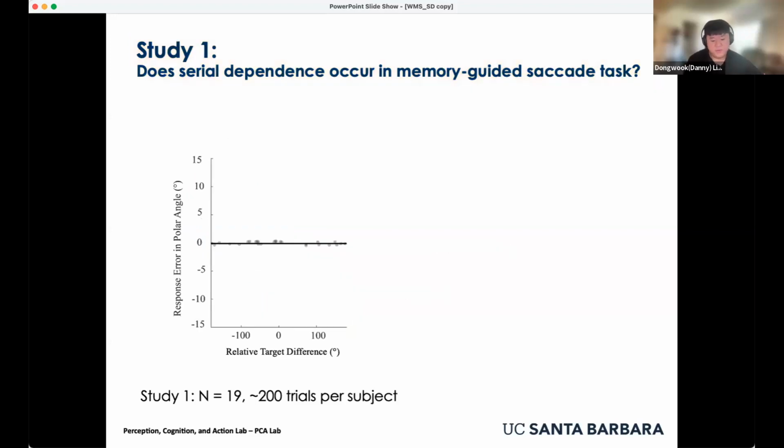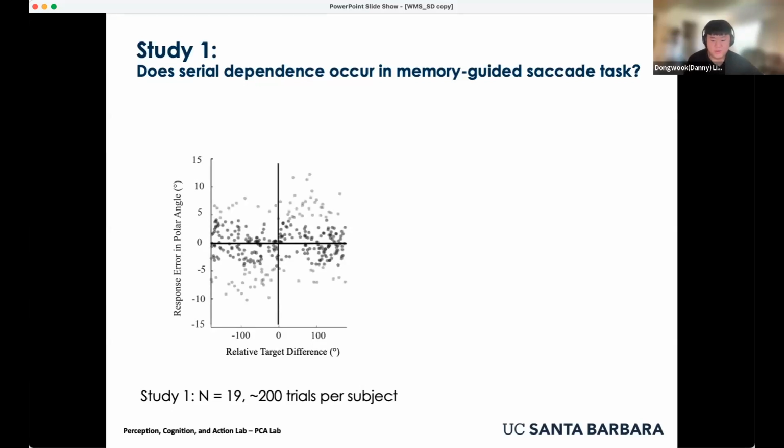So analyzing the participants' data, we plotted the distribution of response error corresponding to the relative target location for each trial for an exemplar subject. So in the absence of bias, the distribution of response errors will be evenly flat, regardless of the relative target difference. However, if there is a random bias, the distribution would appear random. And when we plot the entire data set, we observe that there are more responses in the quadrant where the sign of the response error matches the sign of the relative target difference, indicated with the red boxes.